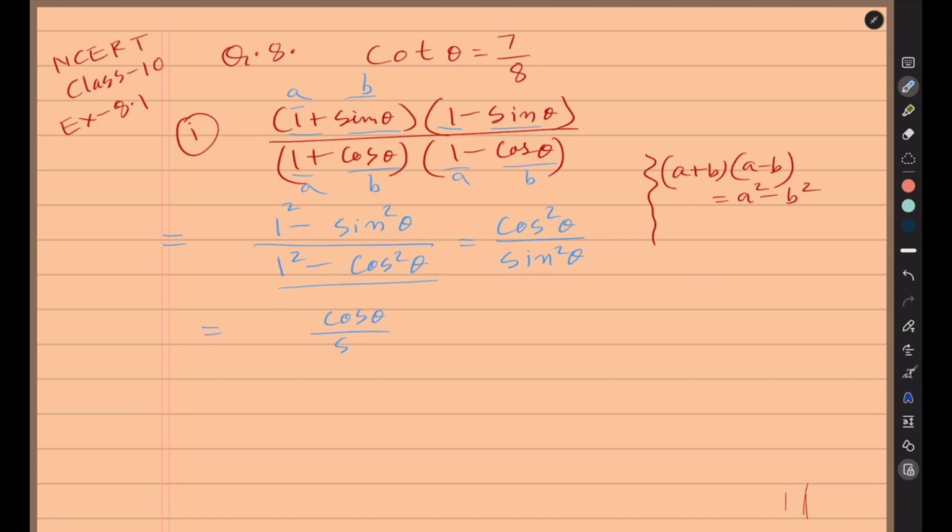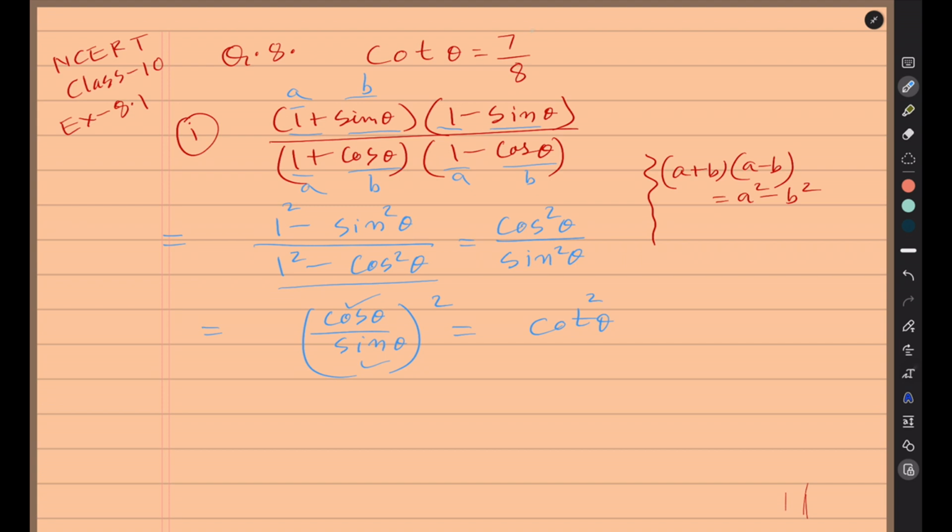by law of indices, it is this. So cos theta divided by sine theta is cot theta. So squared, it will be cot square theta.